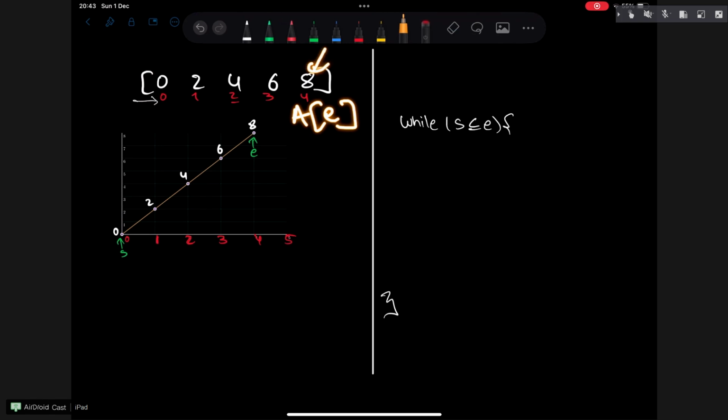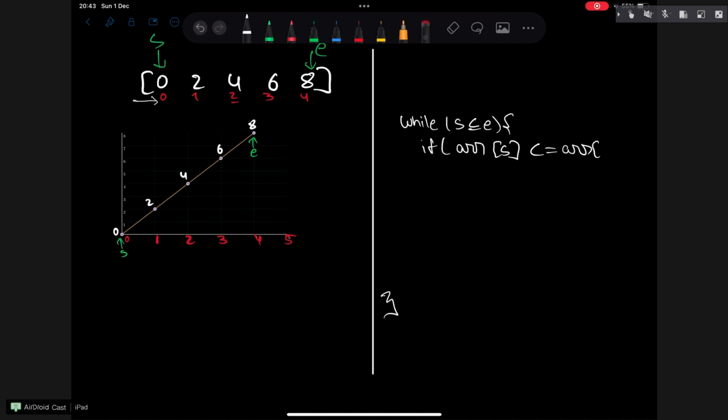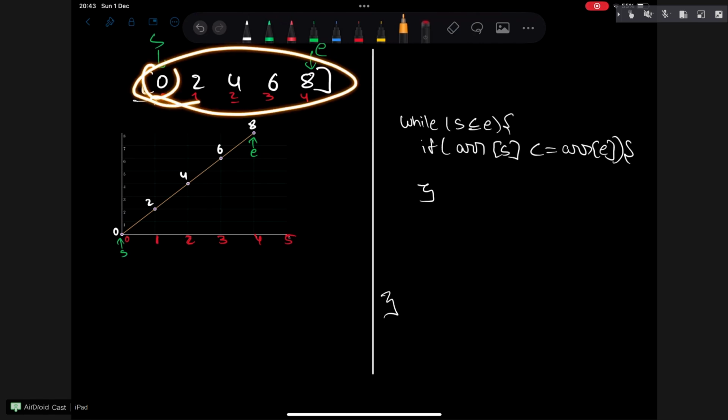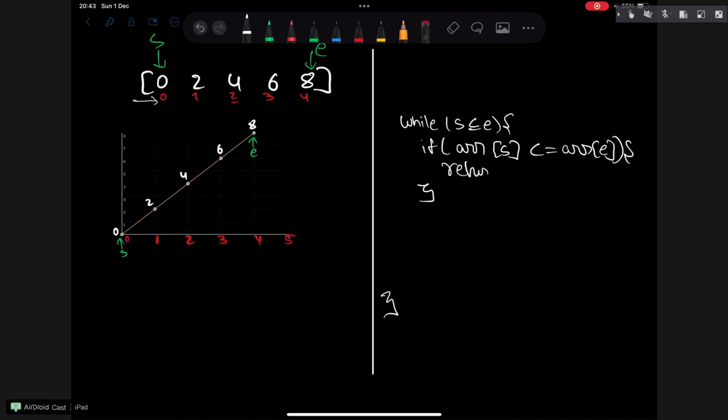We can say this is the starting index, this is the ending index, and we can ask a simple condition: if array of s is less than or equal to array of e, that means the array is already sorted, and we know in a sorted array the least answer that we can find is on the left side. So I can return array of s as the answer when the array is already sorted.